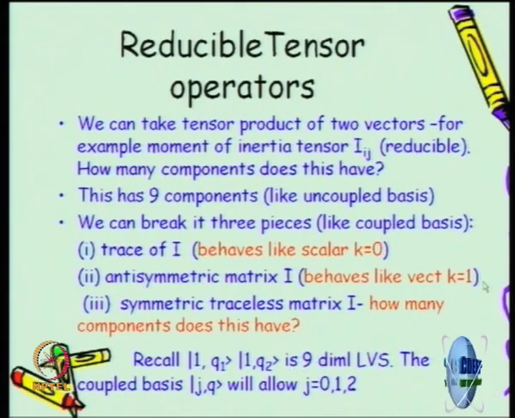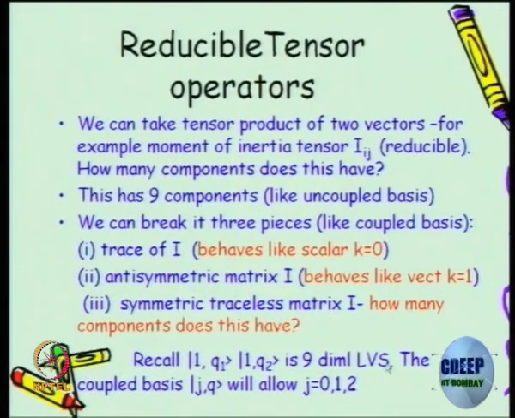A vector has 3. 3 plus 1 is 4. How many are left? 5. A symmetric traceless tensor will have 5 independent components. With trace it will be 6, but without trace, if you want to reduce the trace to be 0, then one more component is constrained, right? So it is 5 components.